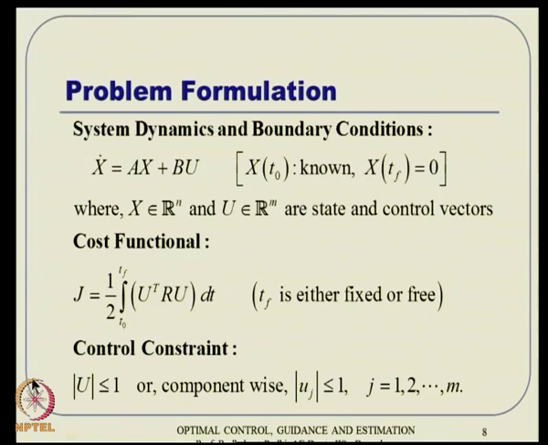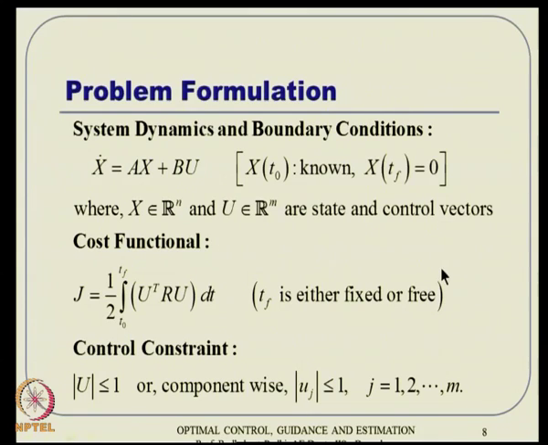Anyway, the control constraint, typically in a normalized sense, can be written something like that. The magnitude of u is less than or equal to 1, or component wise, each component uj is magnitude bounded by 1. So, the control variable is normalized and the normalizing quantity is absorbed in the B matrix, okay. That's what we have been talking about.